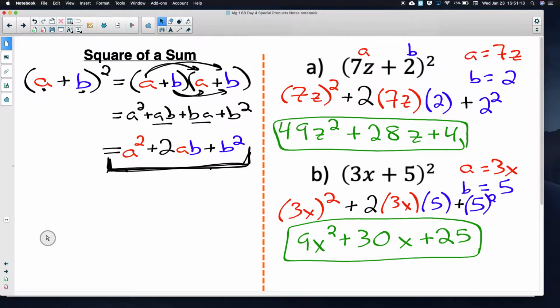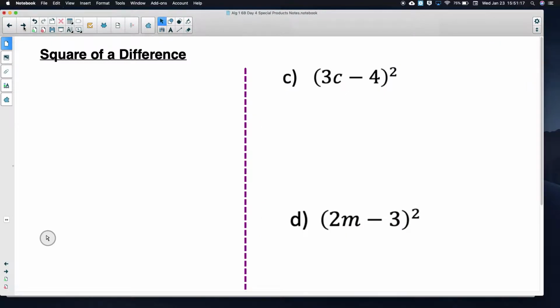All right, so that's the first of our special products. We have 2 more to go. I could also look at the square of a difference. Now, difference, remember, is subtraction. So I'm going to take A minus B squared.